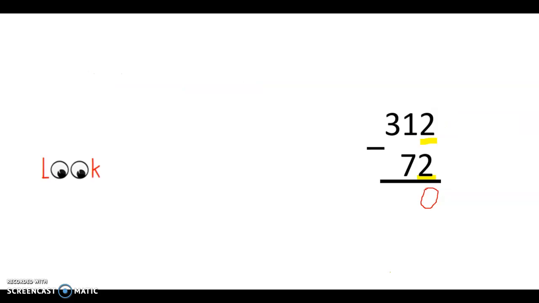Now it's time to go and look, you guessed it, at our tens place. So now I'm going to go take a look at my tens place. There we go.